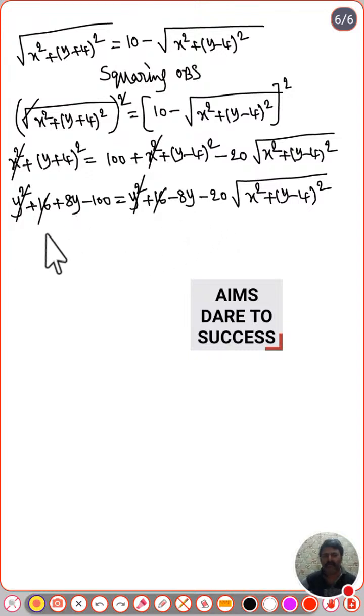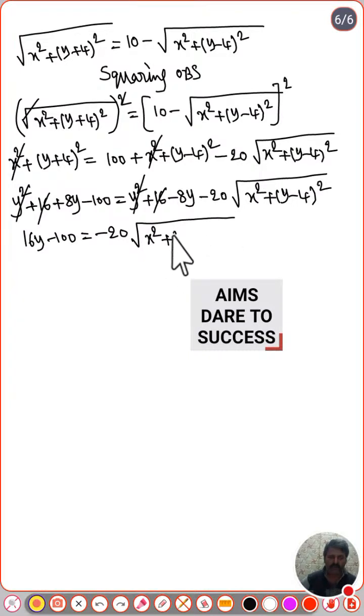Minus 8y coming into this side plus 8y, 8y plus 8y is 16y, minus 100 is equal to minus 20 into root over x square plus (y minus 4) whole square. Okay, here I am taking 4 common in left side, remaining 4y minus 25 is equal to minus 20.